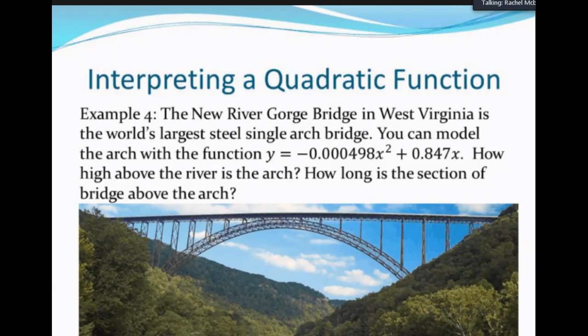I'm sure many of you have actually driven over it, you just don't realize it. It can be modeled using that equation given to you. How high above the water is the arch, and how long is the section of the arch?